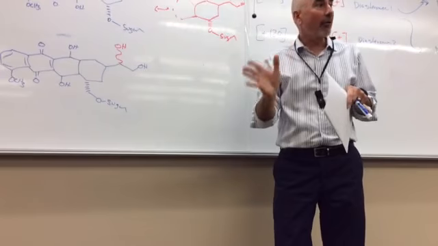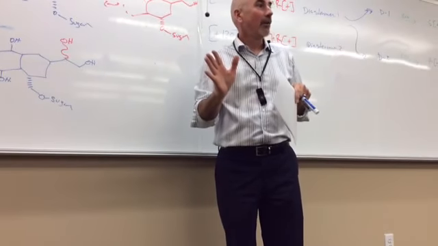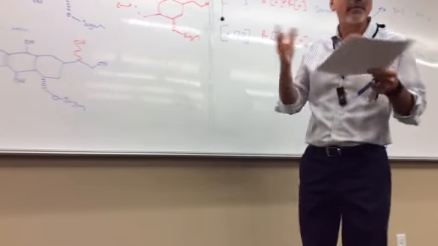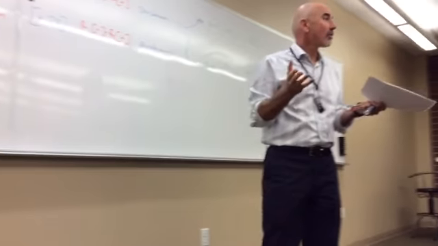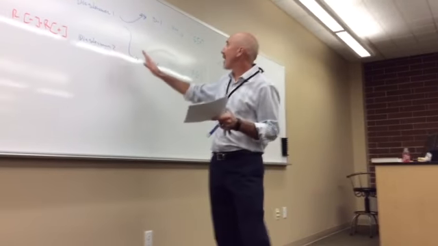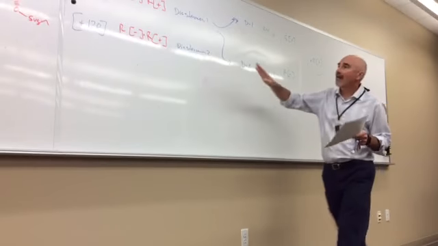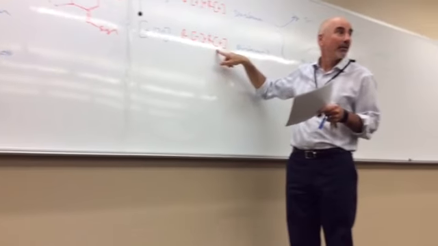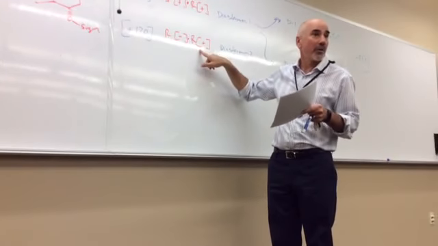If you change every stereocenter, then that would be an enantiomer. But I only changed one out of about 8 stereocenters, so they're diastereomers. Not every stereocenter is exactly opposite. So they're diastereomers.